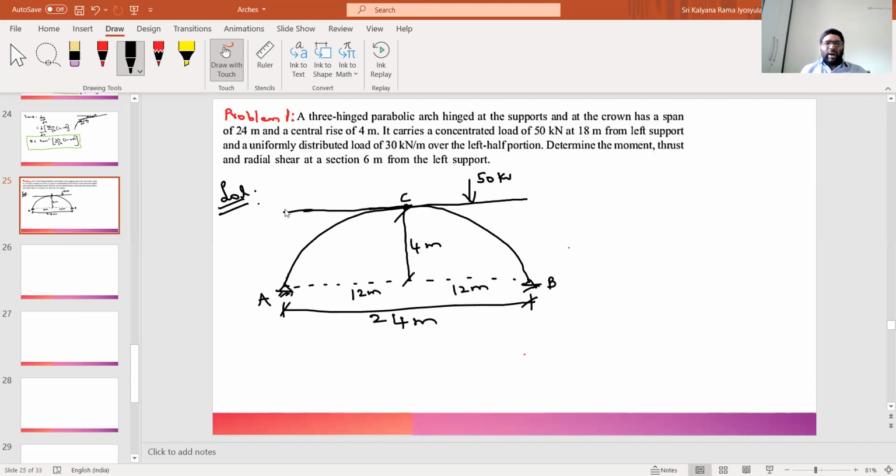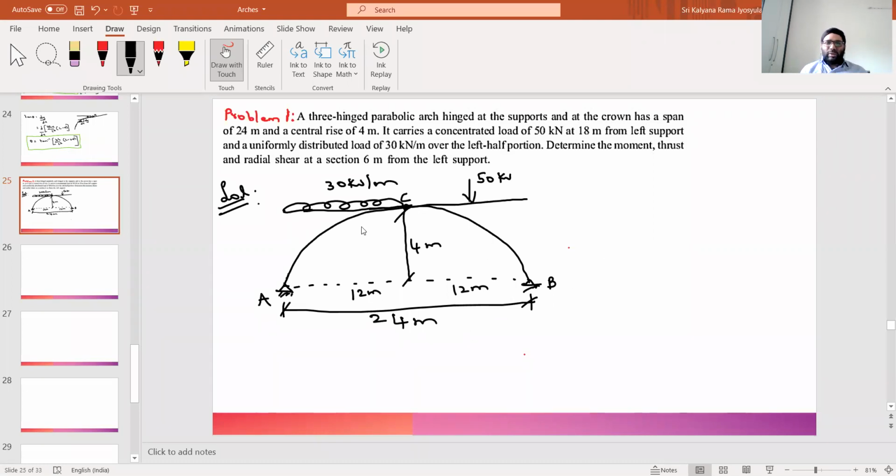And a UDL in the left half portion of the span of the arch. That is 30 kilonewton per meter. So now what do we need to do? We need to carefully write the distances of these loads.